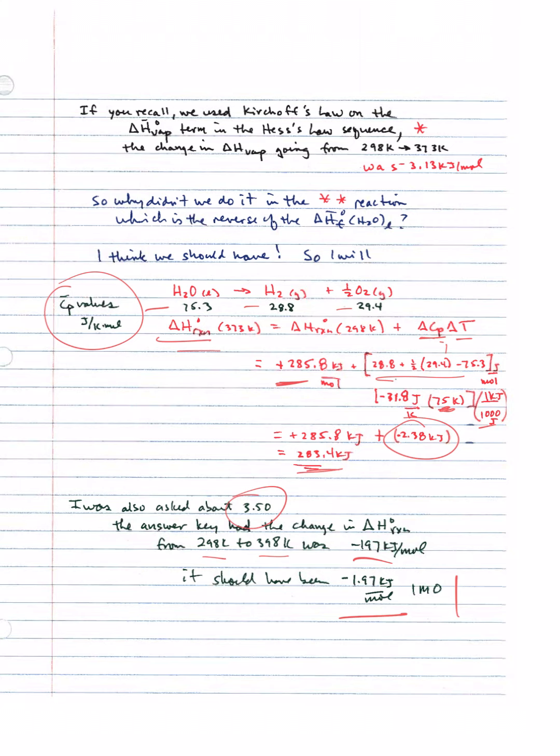And at the time, I said, correctly, I think, that the delta H of vaporization is going to be less at the higher temperature because that ambient thermal energy is going to cause, on average, there to be fewer hydrogen bonds on the liquid water molecules, so you don't have to add as much energy to put them into the gas phase. So why didn't we do Kirchhoff's law in the double star reaction, which is the reverse of the formation reaction of water?